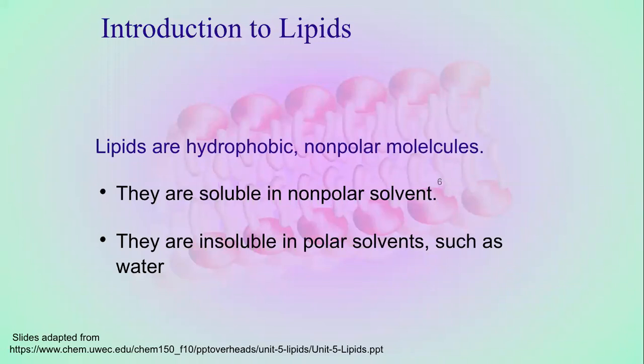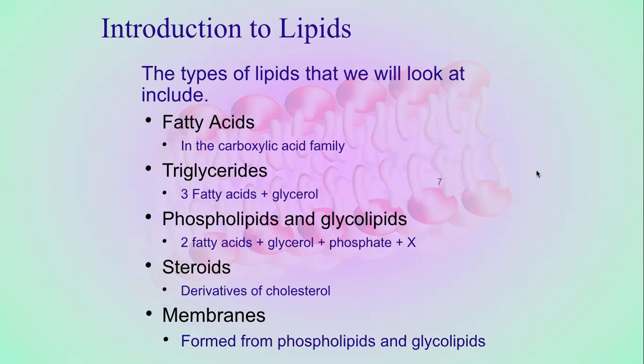So specifically for lipids, lipids are hydrophobic nonpolar molecules, which we saw in our first slide. They are soluble in nonpolar solvents, and they are insoluble in polar solvents such as water. The types of lipids that we'll be looking at today are fatty acids in the carboxylic acid family. We'll be talking about triglycerides.